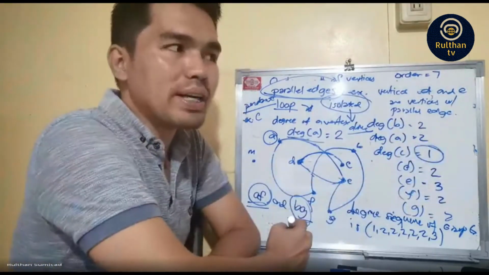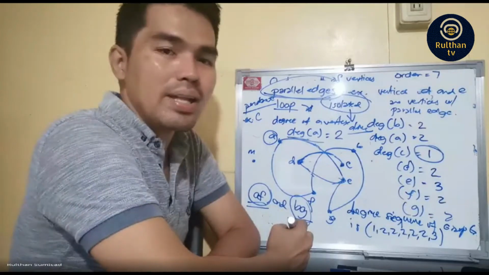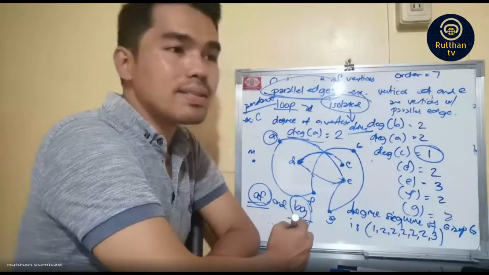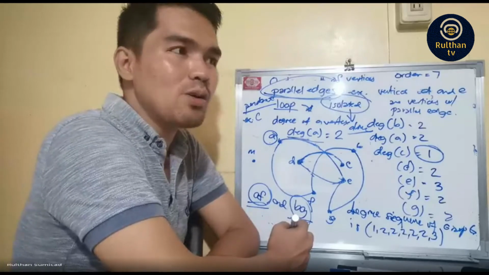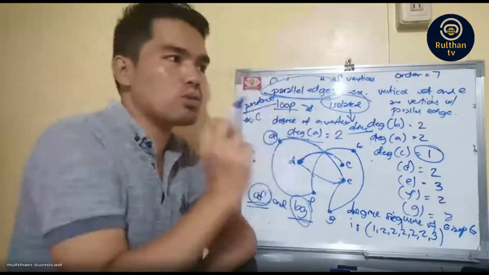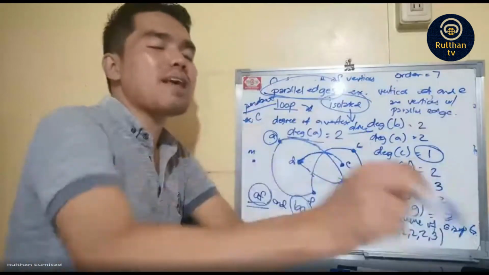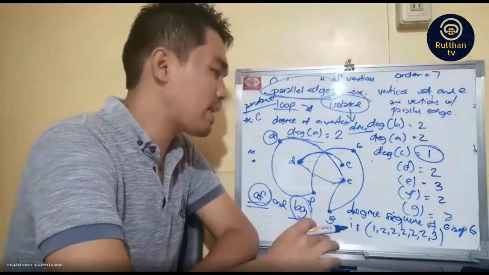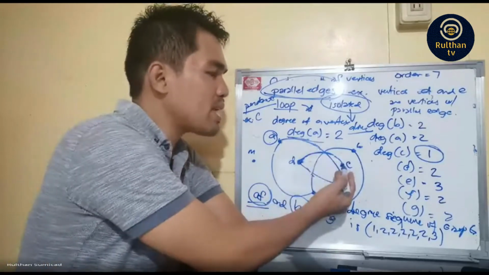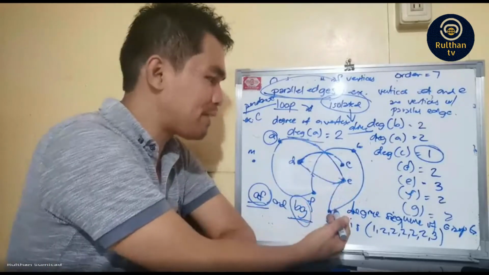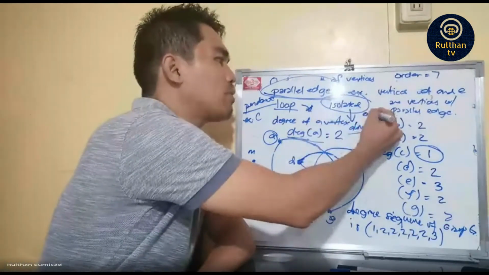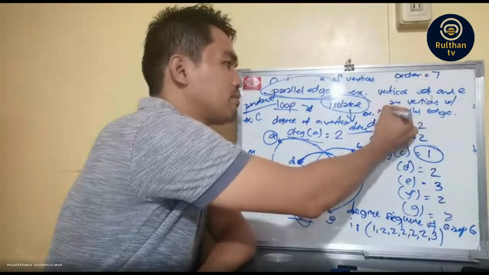An example is C. When you have a vertex with degree 1, it's called a pendant or end vertex. Meaning to say, that's the end of it. If you make a route through that path, you'll just stop there. You can no longer move forward because that's the end of the route. So in this example, we have C as our pendant or end vertex, and M, as we added, is an example of our isolated vertex.